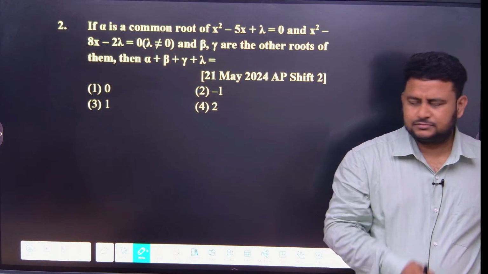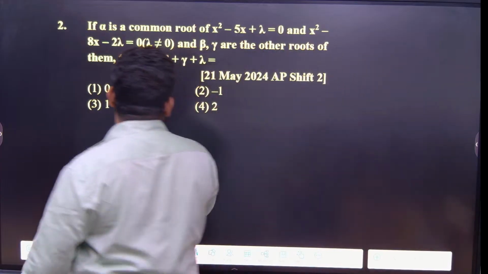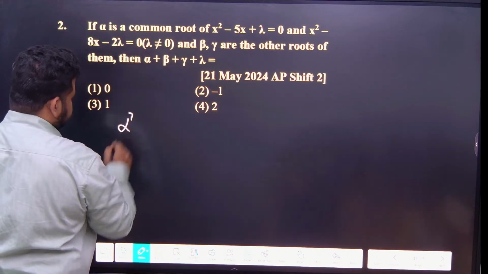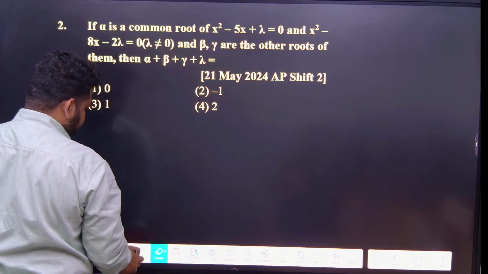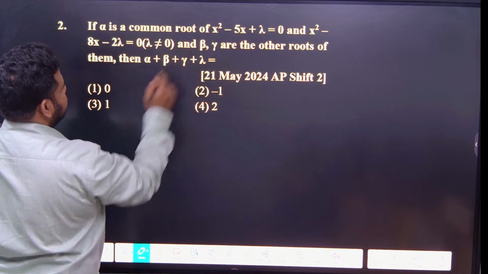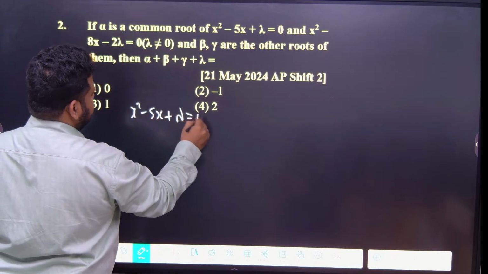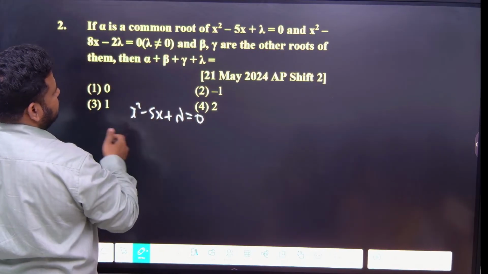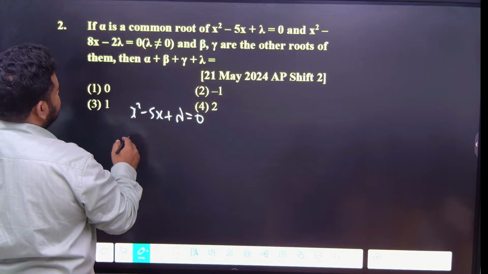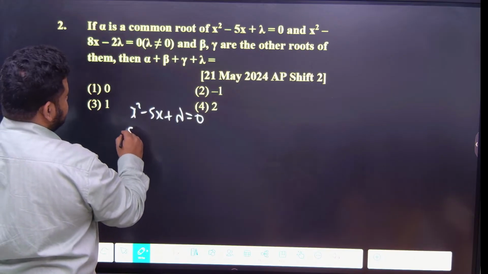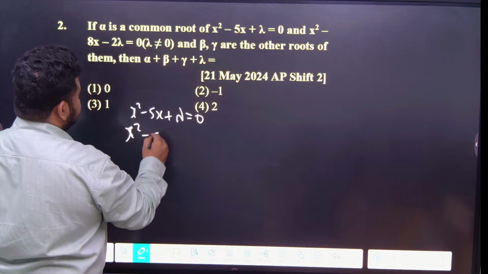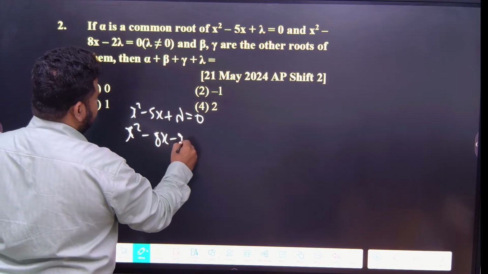How will you do this? See here what we have to do. First you will write down the two equations, right? x square minus 5x plus delta is equal to 0, or you can write it in terms of alpha, where instead of x you write alpha. And the other, x square minus 8x minus 2 lambda is equal to 0.